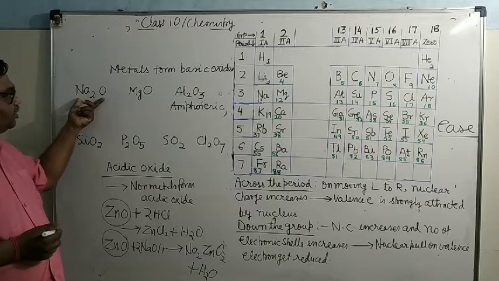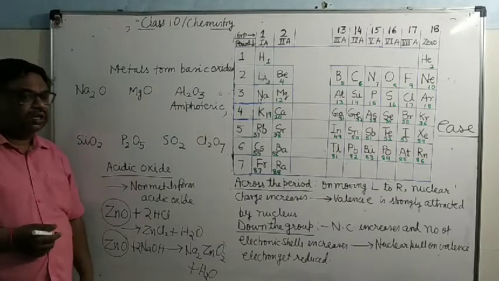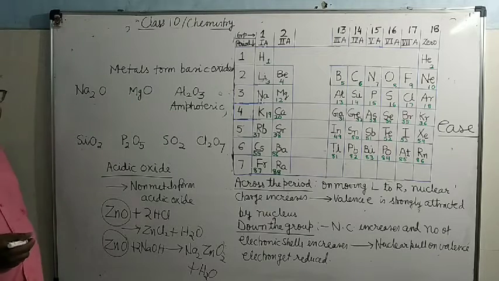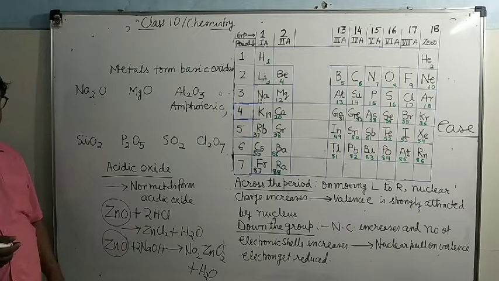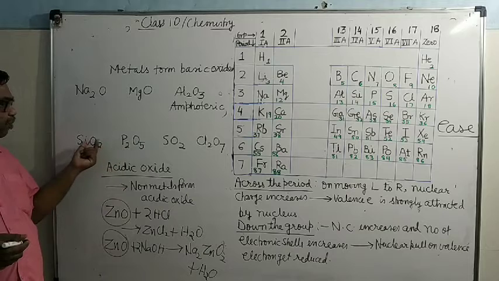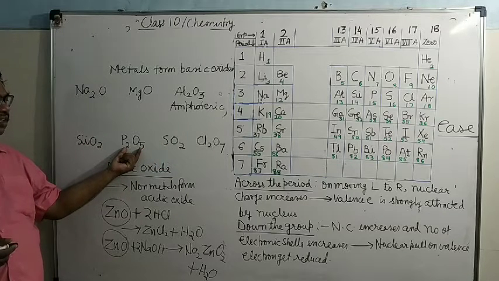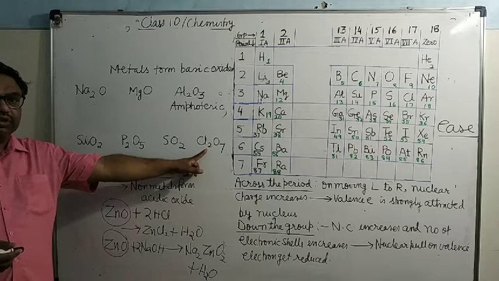So it is most basic, then here it is less basic, then it is amphoteric, then from here the acidic character begins. Is it clear? This is least acidic. Its acidic nature will be more than this, and this is the most acidic.